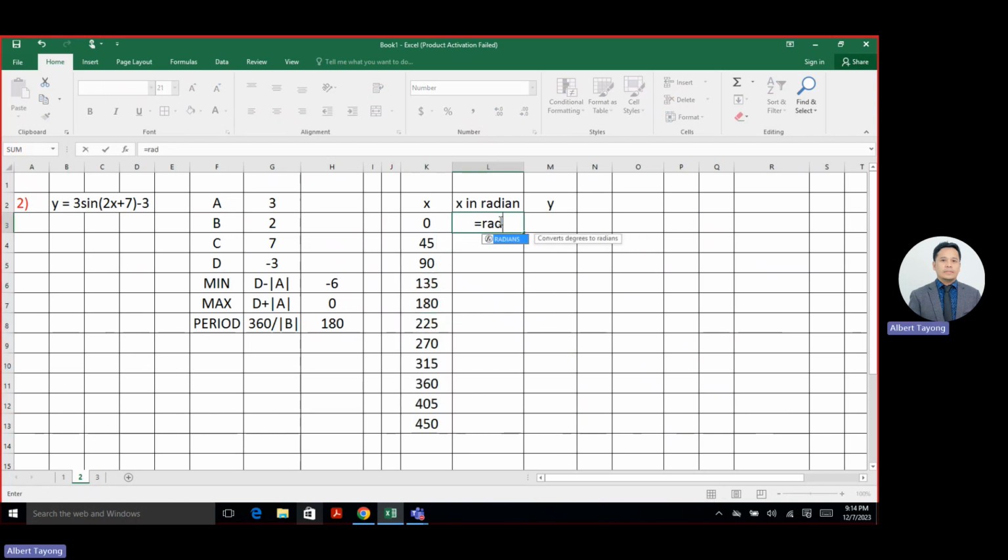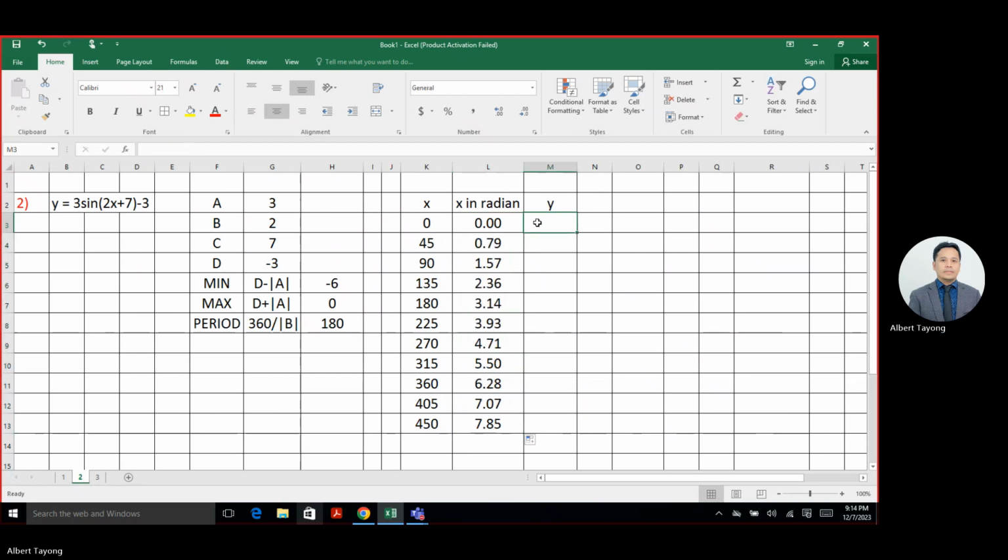And here equals radians of this, drag it down. Now, our y is equal to 3 times sine, we have 2 multiply our x, close, here plus 7, and then -3. So drag it down. See, we are not able to get our minimum and our maximum.